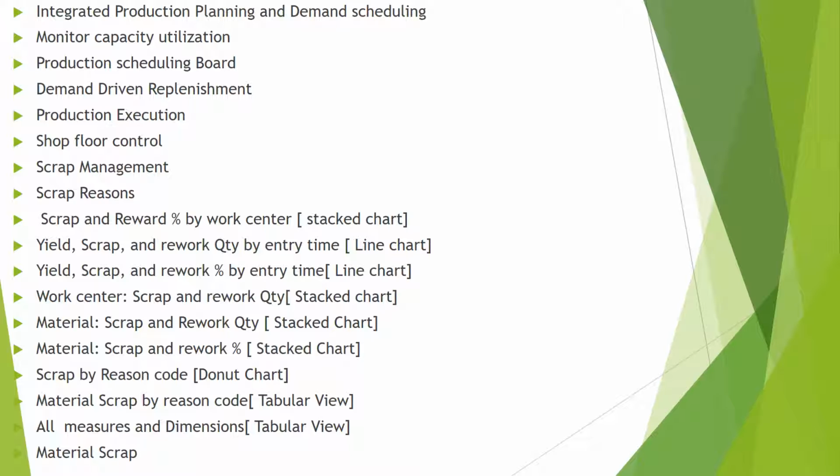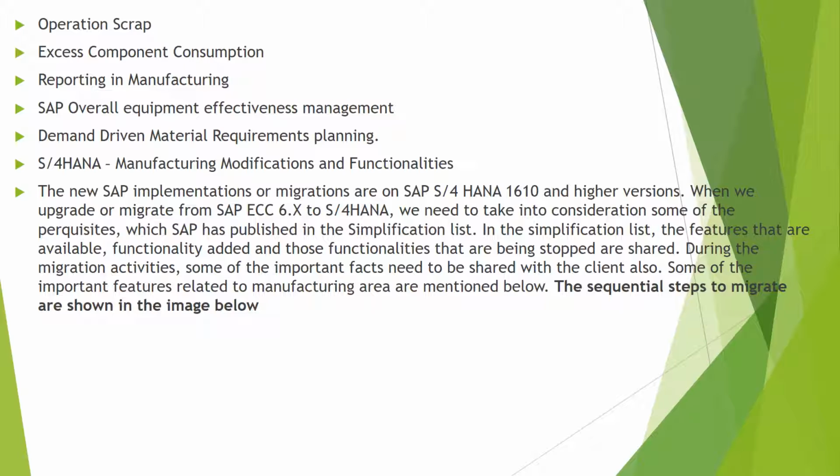Okay, and operation scrap: with the operation scrap app you can compare the actual scrap figures recorded in the production confirmations with the expected scrap that was defined in the route. So, excess component consumption. Okay, with the excess component consumption app, you can compare the expected component scrap percentage defined in the BOM item with the actual excess consumption recorded in the production confirmation.